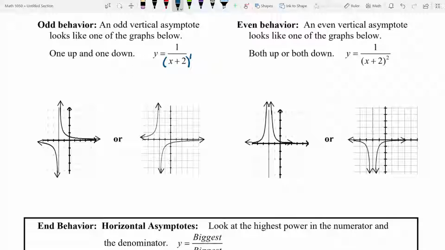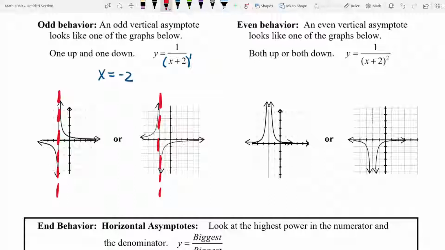There is one x plus 2 on the bottom, and that is an odd behavior, okay? Everybody write down x equals negative 2. I know that that's my vertical asymptote. If I set x plus 2 equal to 0, I get x equals negative 2. Now take your pencil and dash in right here at a positive 2 and a negative 2.